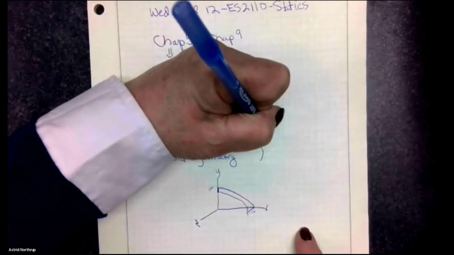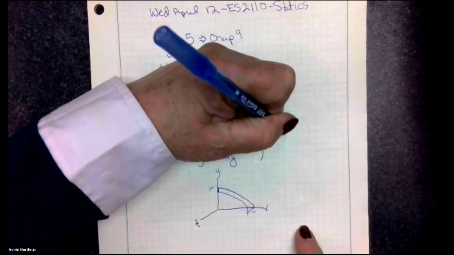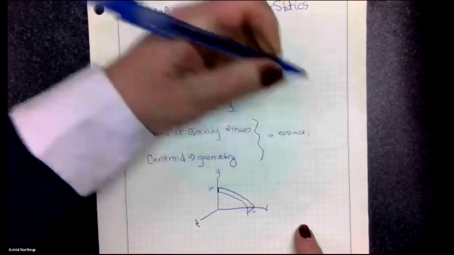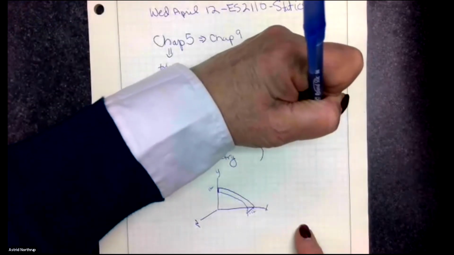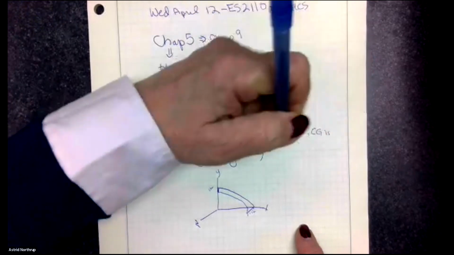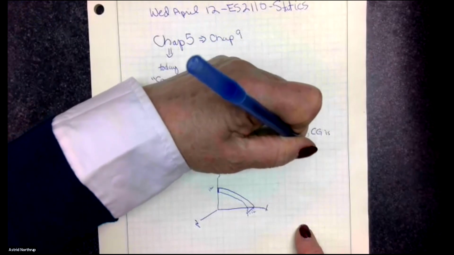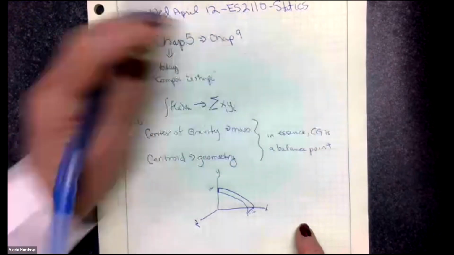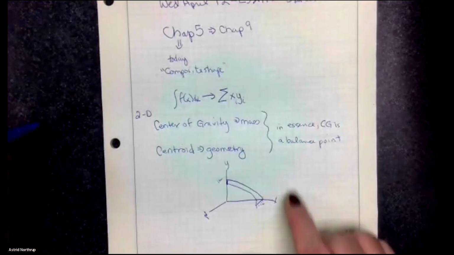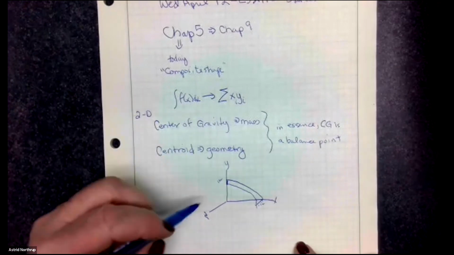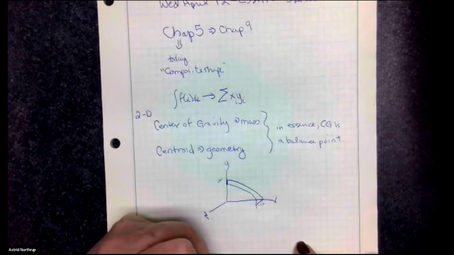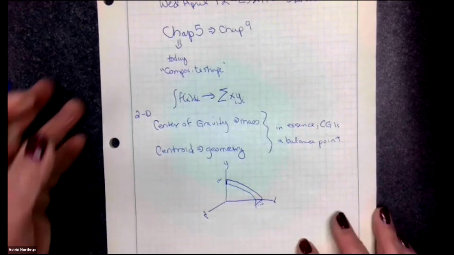The most important thing to remember is that a center of gravity, which is based on mass, and a centroid, which is based on geometry, make some assumptions. But in essence, the center of gravity is a balance point. So what that means is, if you have, for example, I guess we can't see this.